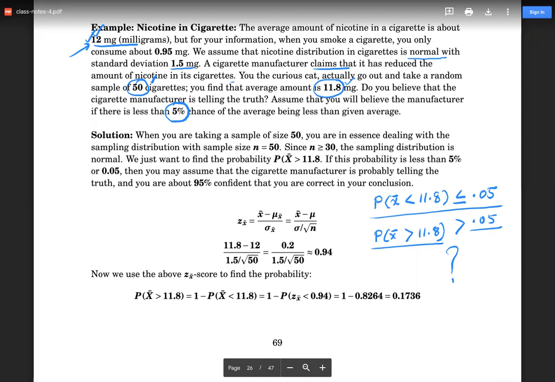Once again, if the manufacturer hasn't done anything, you could get 11.8 milligrams average for 50. On the other hand, if they did something, they actually made some changes that lowered the amount of nicotine, in that case also you could get 11.8.